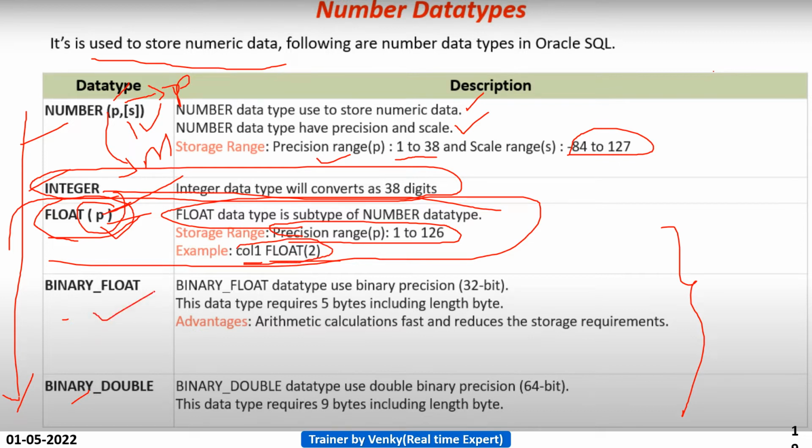Next, binary float. Binary float is a data type used for binary precision, 32-bit. It will accept only 32-bit. Maybe you know, if anyone knows what is 32-bit software and what is 64-bit, based on the hardware.